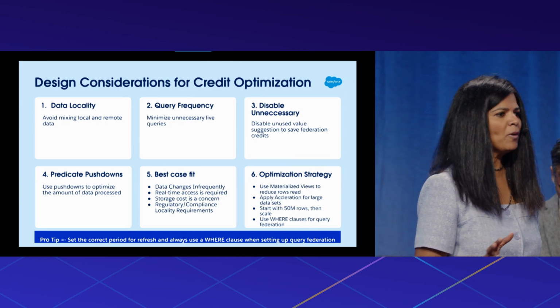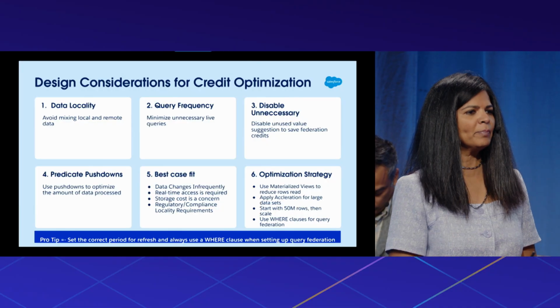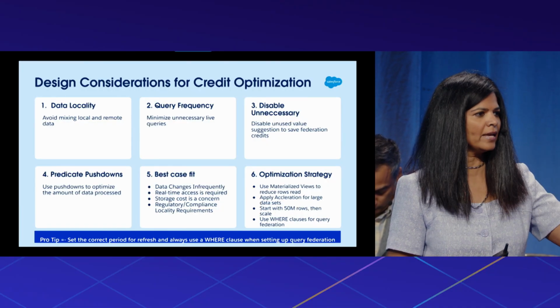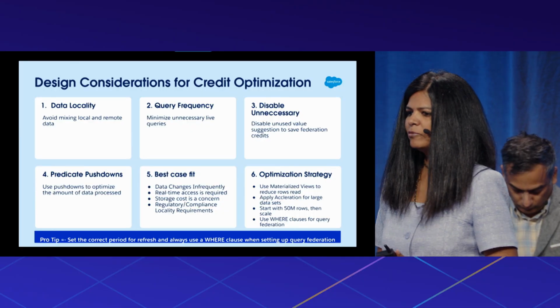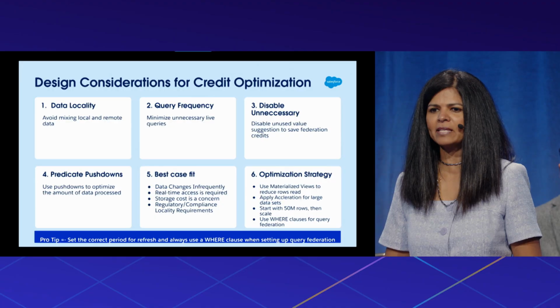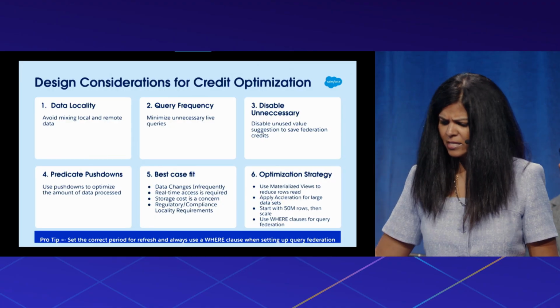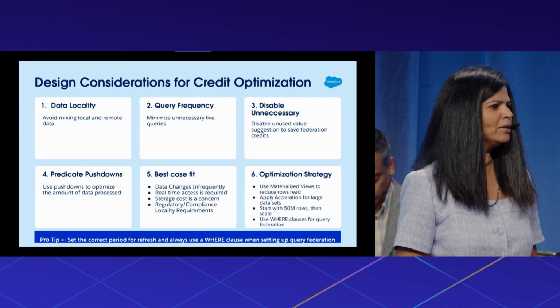And then, where possible for optimization to keep costs low, can I create a view? Can I predefine my view in the data lake before I use it in Data 360? Try to apply acceleration for large data sets so you're not going back and retrieving the same sets over and over again. Start with 50 million rows, then scale. Don't try to bring in 10 billion rows right away.